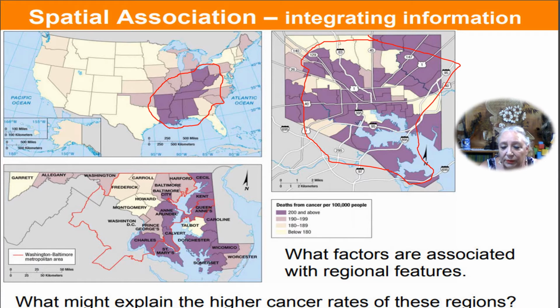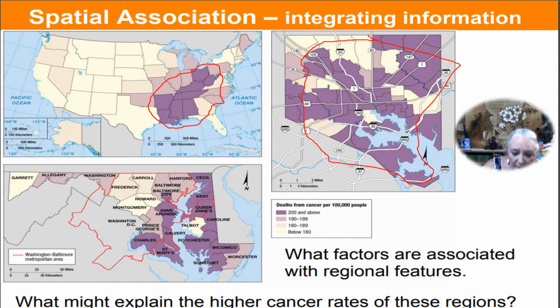The first thing that would come to my mind when I'm looking at this is that there's probably a cancer hospital there, or several, and that people are coming to this area when they get sick from cancer to get treated, and many of them end up dying there. And I would think that would be the same thing for the next picture.